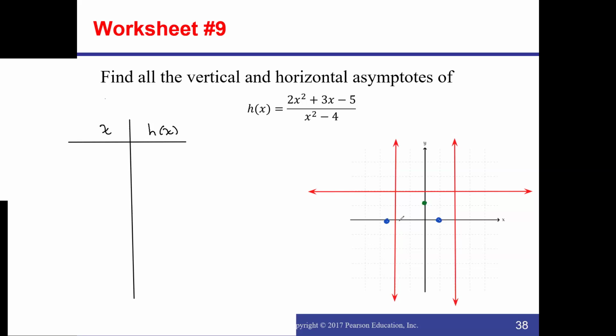So let's say we look for negative 4, and we get 1.25. So it's giving me the general shape where I know it's going to do this. Just give me enough to figure out what the curve should be doing, and I know it runs along the asymptotes.